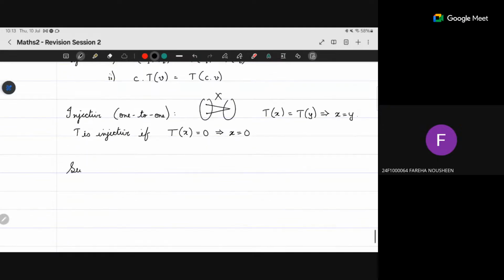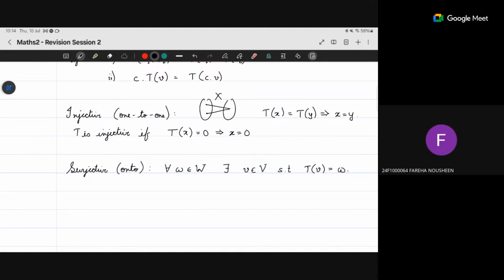And surjective, or onto, is something that is very well known. For all w in W, which is the codomain, there exists a v in V such that T(v) is w, which means that every element of the codomain has a pre-image.